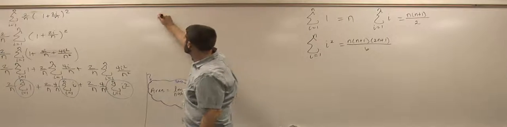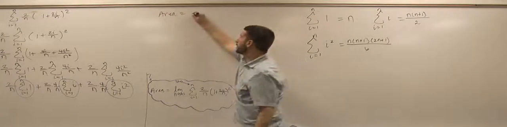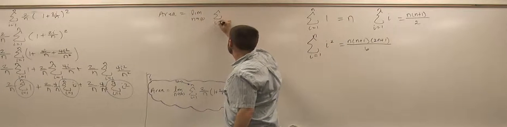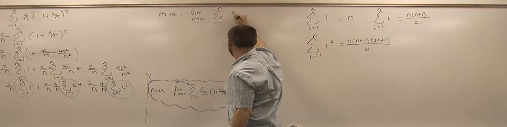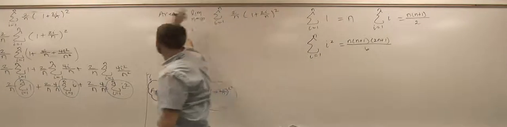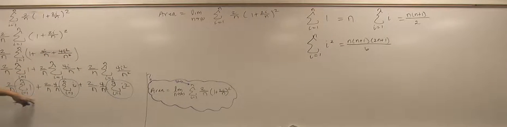So my area was equal to this limit. I FOILed everything out for my sum, and I got this garbage here.